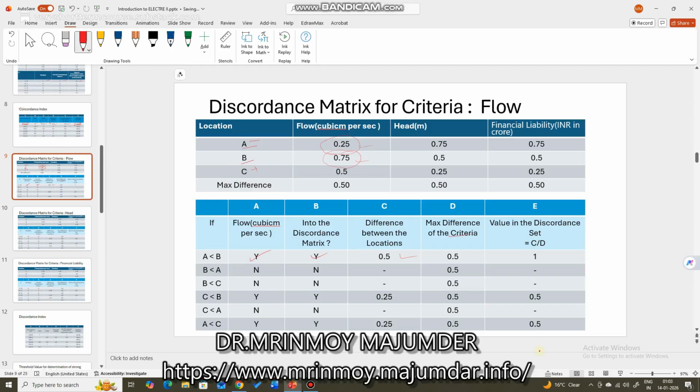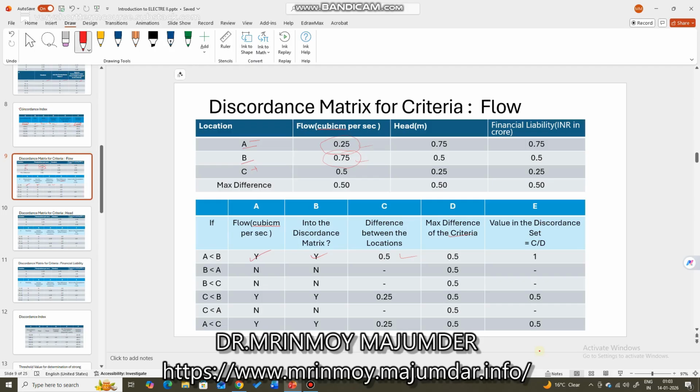So in that way, first you are detecting the difference between the locations compared, that is A and B, and always take the absolute value of the difference, not negative values. And then find the maximum difference of each of the criteria.